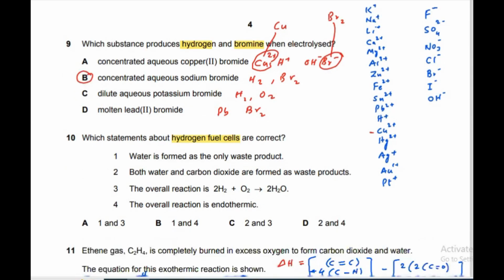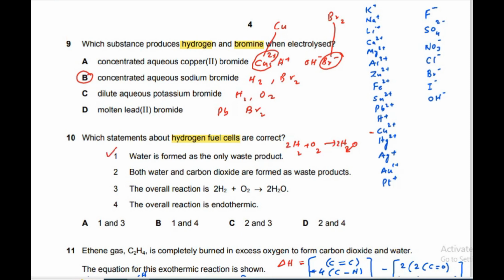Question number 10 is, which statements about hydrogen as a fuel cell are correct? Water is formed. Yes, water is formed as the only waste product. Yes, hydrogen combines with the oxygen to give water. So water is the only product formed when hydrogen combines with oxygen in the fuel cell.